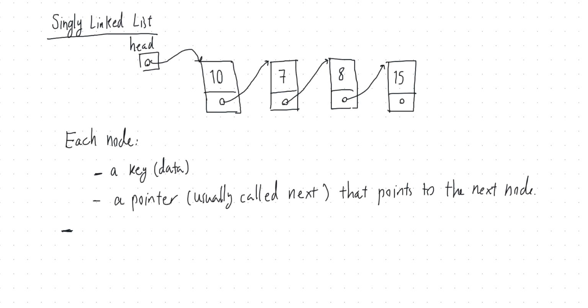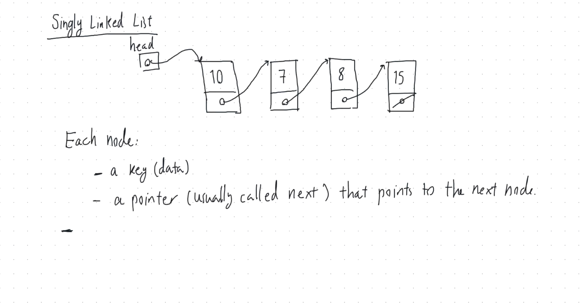And in many cases, we need to know when to stop, right? How do we know that we are at the last node and there is no node after that? So we shouldn't try to access the next node from the fourth node in this example, right? The idea here is that in the last node, the next pointer is null.